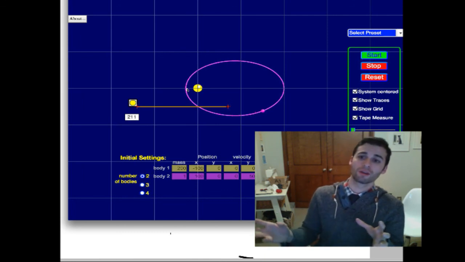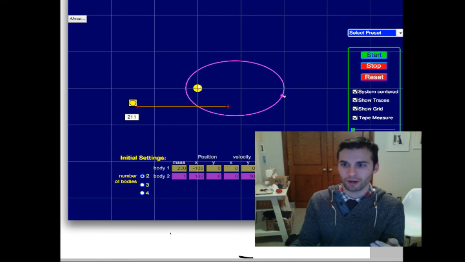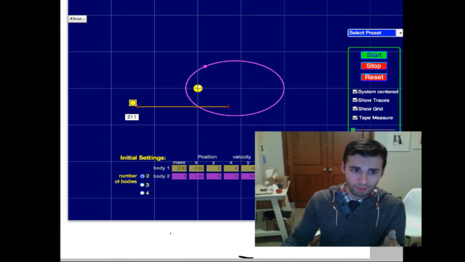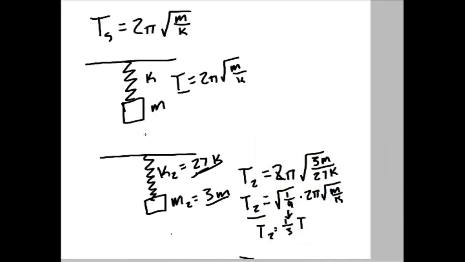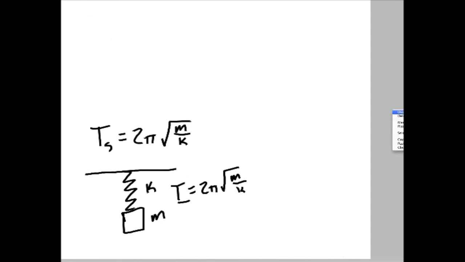Now, you also notice that velocity increases dramatically right here, but is very low out here. Now, why is that? Well, if you think about it in terms of energy, and you look at the equation for gravitational potential energy, whenever you're close to the surface of a planet, potential energy is just mgh.